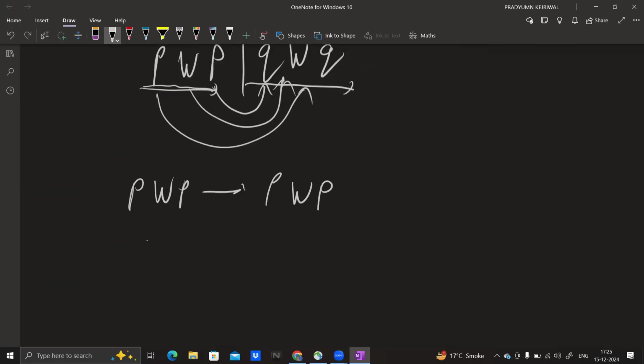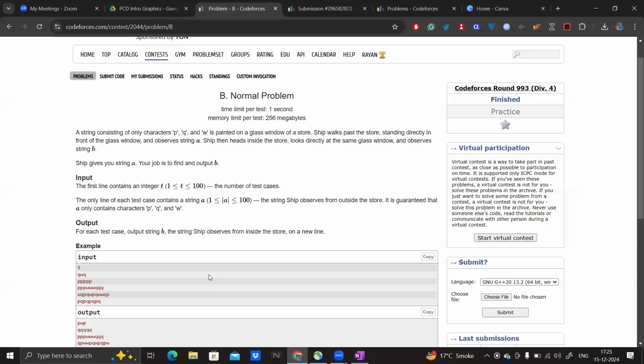Actually, this is a bad example because the reverse is the same, but anyways, and then for all P you just print Q, for all W you just print W, and for Q, suppose there is a Q here, then after reversing, for every Q you would print P, right? So this is, I think, understandable. I'll just show you the code.